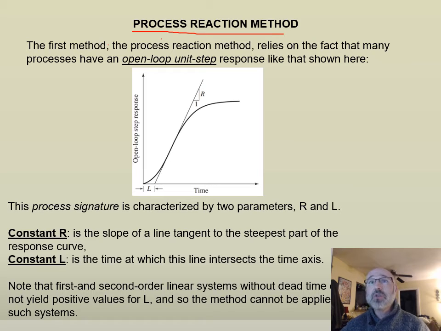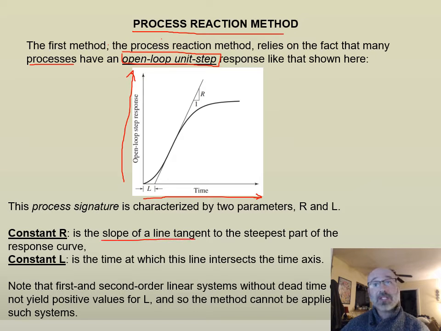Now this is going to rely on the fact that many processes have an open loop unit step response. And this is shown here down below, so we can see on the x-axis we have our time, and on our y-axis we have our open loop step response. The process signature is characterized by two different parameters, our R and our L, where R is going to be the slope of the line tangent to the steepest part of the curve.